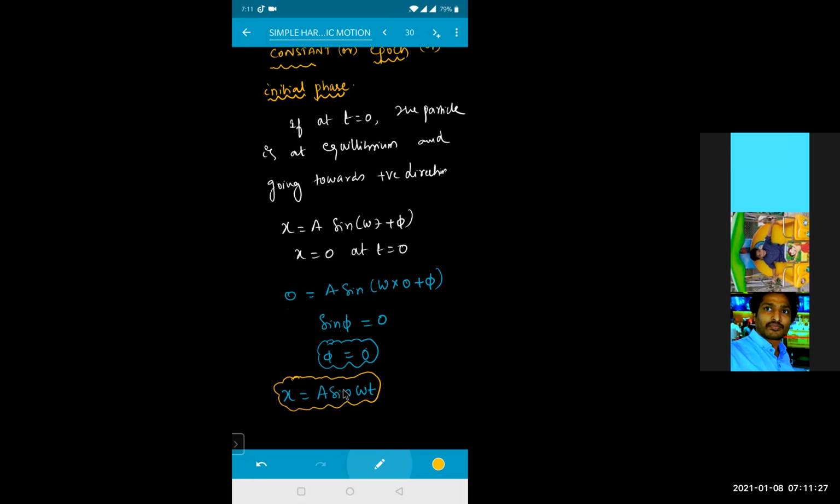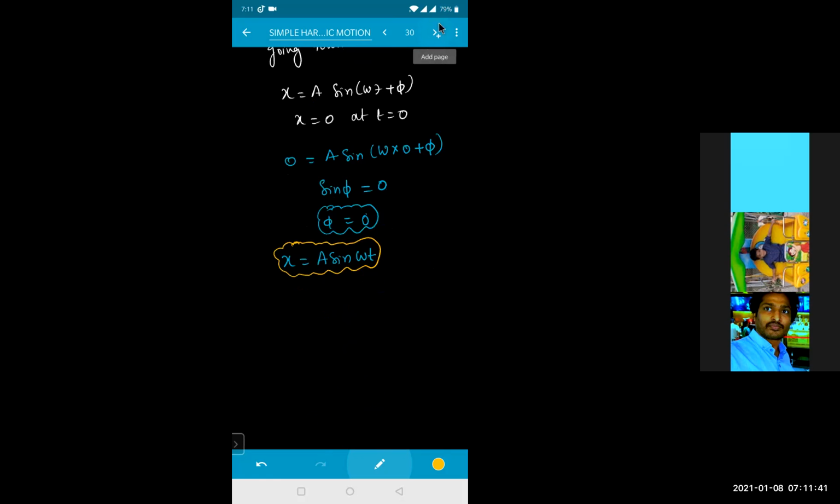Now, if at t equals 0, the particle is at the positive extreme position.